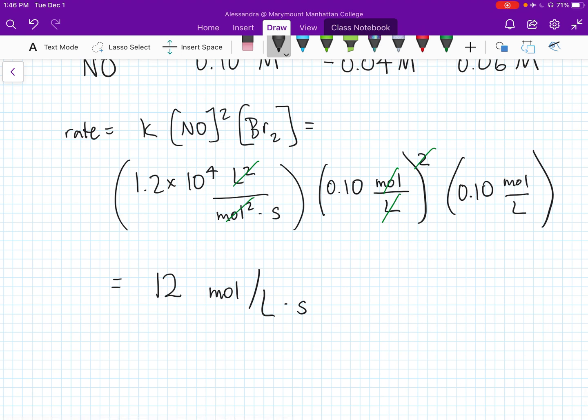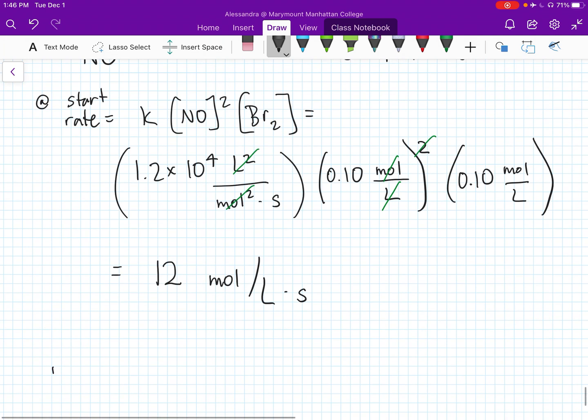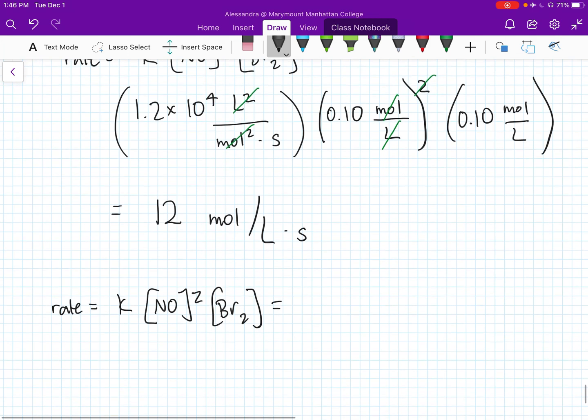So this was at the start. Now let's calculate the rate for the point of time when I've already had the reaction going for a little while. The rate constant is still 1.2 times 10 to the fourth liters squared per mole squared second. The rate constant doesn't change. The rate itself, however, does change.